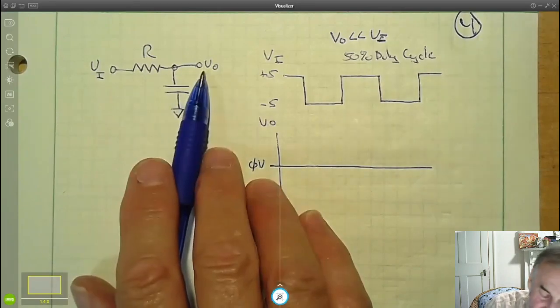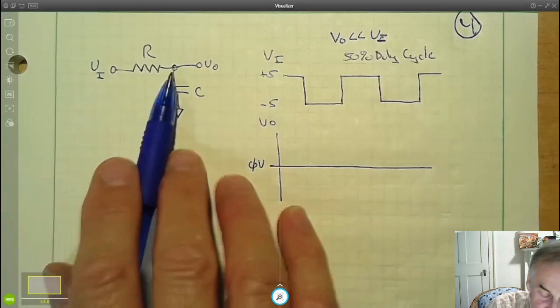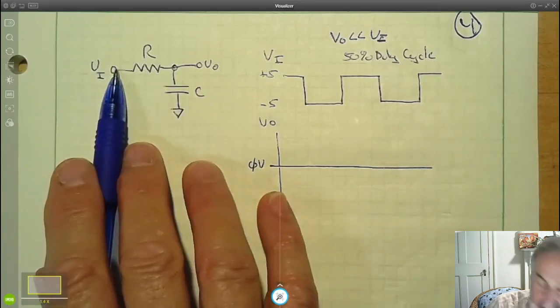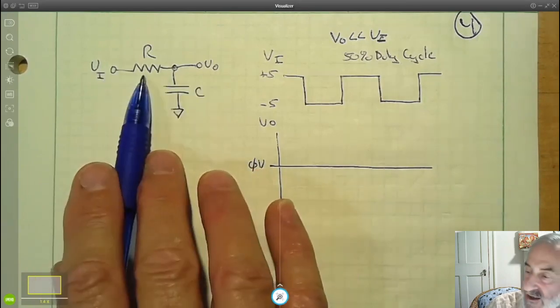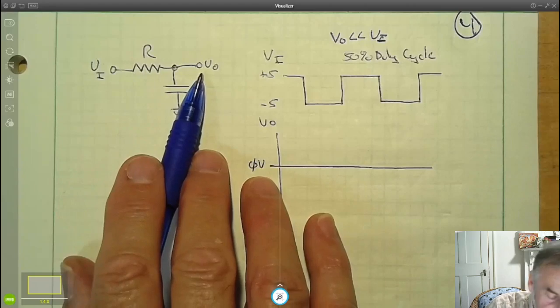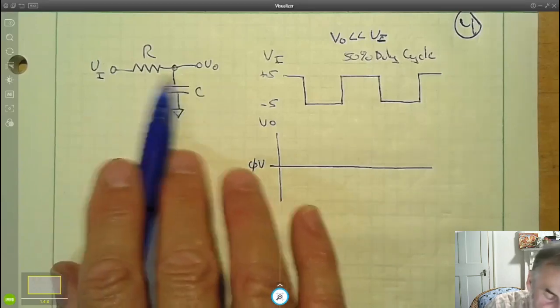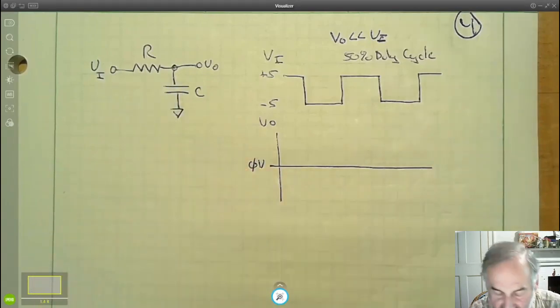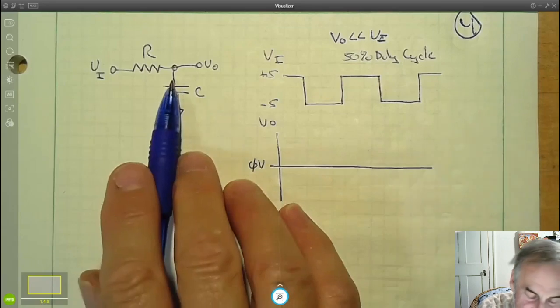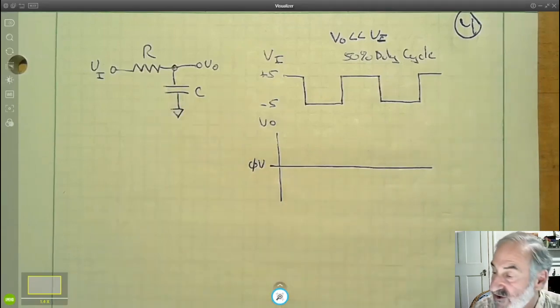If we assume V out's very small compared to V in, then the current that flows through here is essentially V in over R, because it's V in minus V out over R. And if V out is much, much smaller than V in, most of the time the current will be V in over R, plus or minus a little bit. Well, a constant current flowing in or out of a capacitor causes the capacitor to charge linearly.